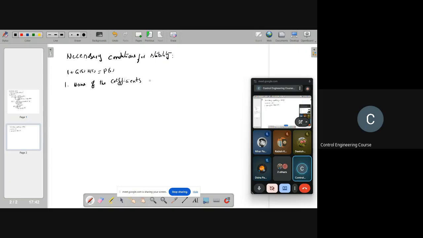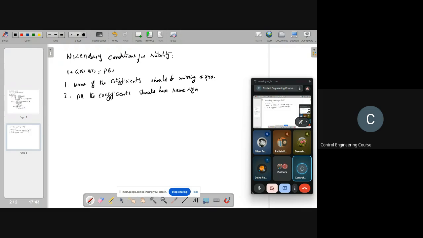None of the coefficients should be missing or zero. It shouldn't be zero, right? Okay. The second one is all the coefficients should have the same sign. So these are the necessary conditions.